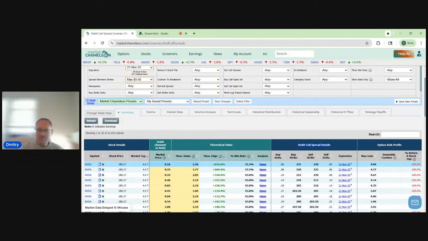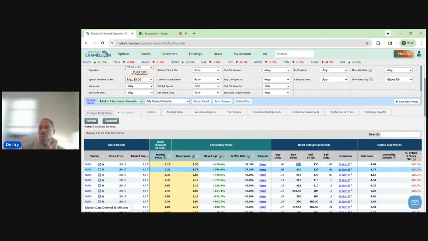But there are lots of different combinations, right? You have different strikes, so you could create different combinations of strikes, and you could do it on different expirations. Here you could see NVIDIA, sorted by highest market cap, with all these different combinations. Here's November 21st, buying the 225 strike against the 230 strike.